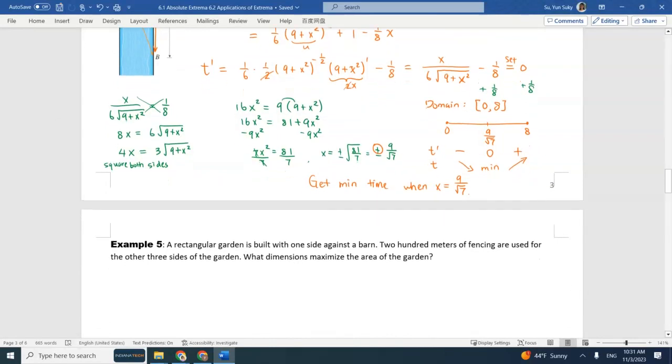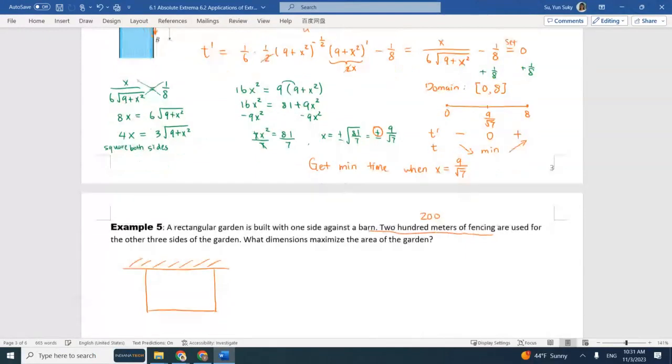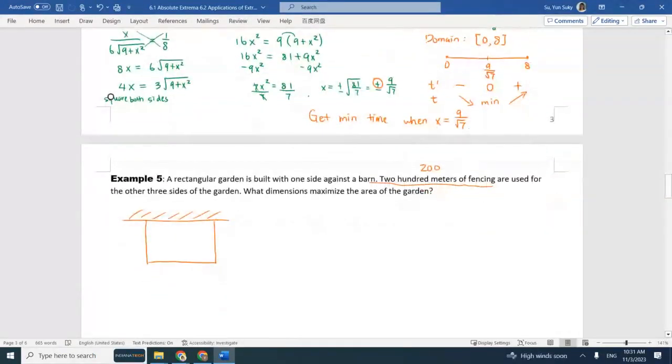Okay, so you have a barn. This is the barn. And you have a rectangular garden. So something like this. 200 meters of fencing. So this is 200. And are used for the other 3 sides of the garden.